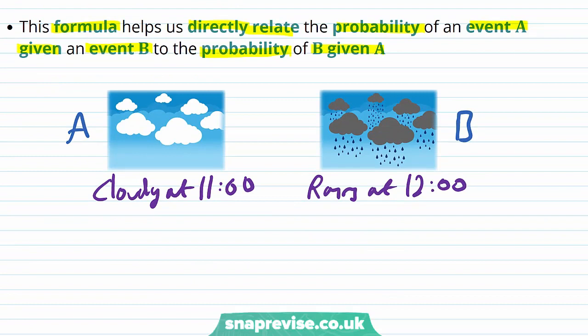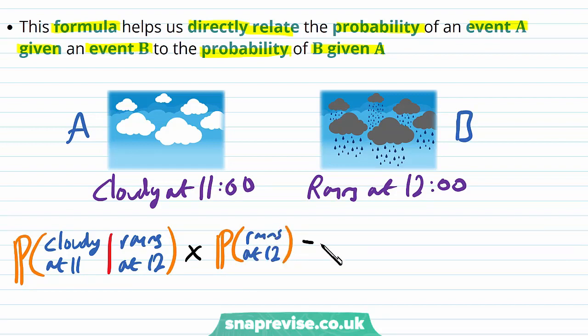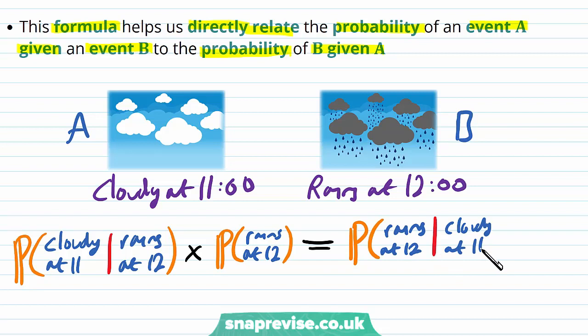Then by our above formula, we have that the probability of cloudy at 11, given that it rains at 12, multiplied by the probability that it rains at 12, is equal to the probability that it rains at 12, given that it's cloudy at 11, multiplied by the probability that it's cloudy at 11.